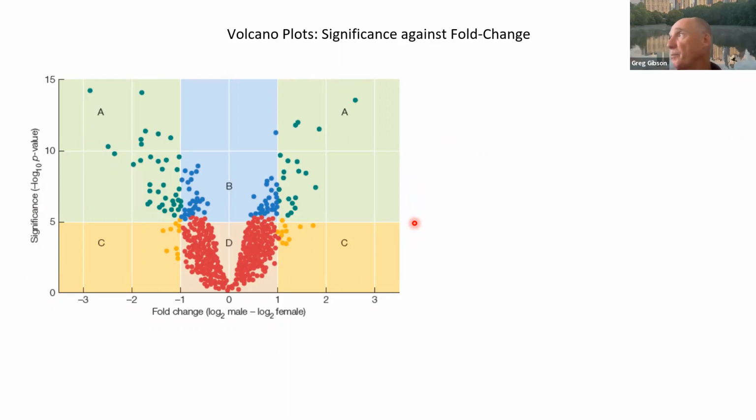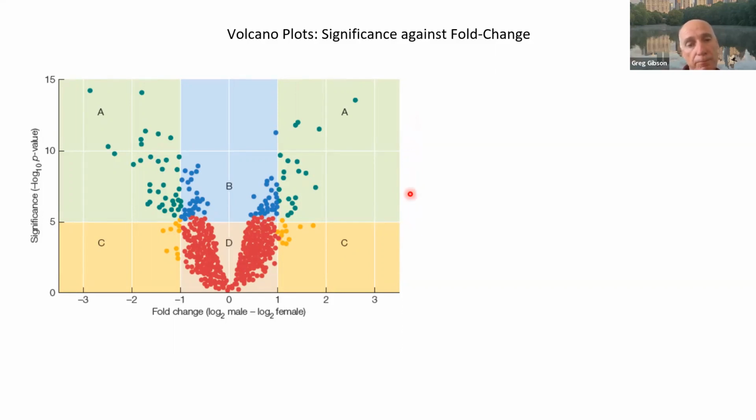Then I know that only 10% of them are false positives, that 900 out of those 1,000 are true positives. I may not know which of those 1,000 are the 900, but I'm much better off including 1,000 genes in my downstream analysis, accepting that some of them are false positives, than I am of just taking 100 genes, which I'm much more confident about.